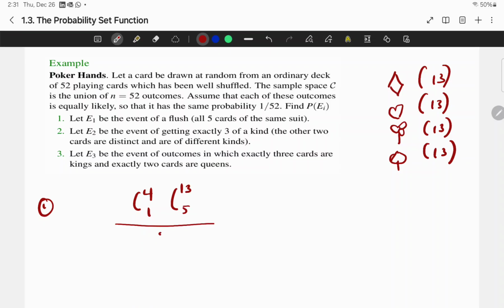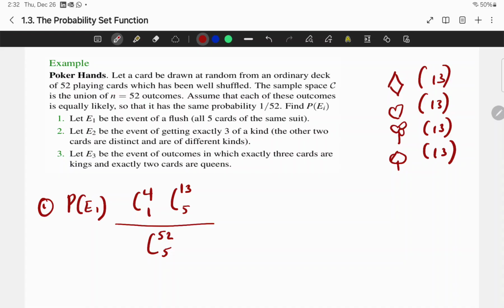And don't forget, out of 52 cards we just want to pick 5, and that gives us the probability of E1.